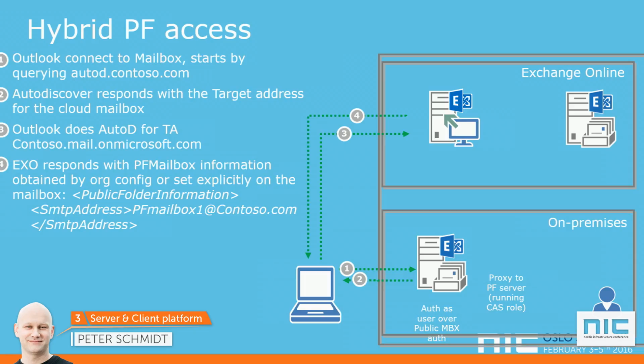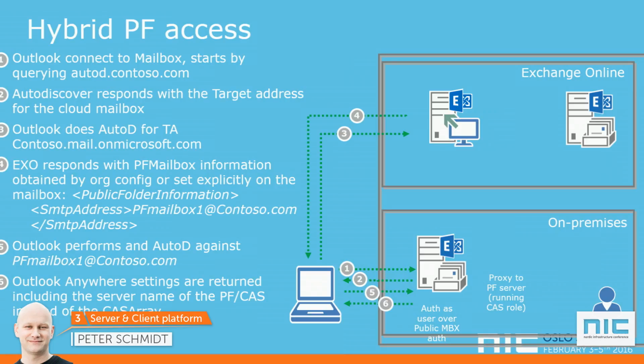It then gives information back to the users that the public folder information and so on will be located on-prem, and it's using the Autodiscover to collect that information and getting the information from the local environment. And from the local environment, it then pulls the public folders that it needs.